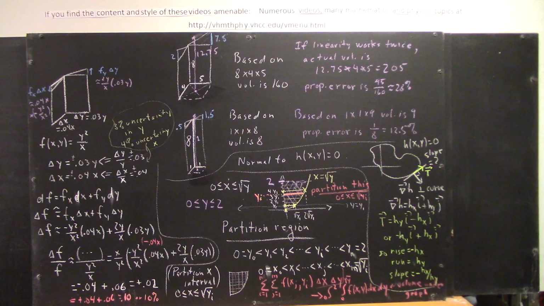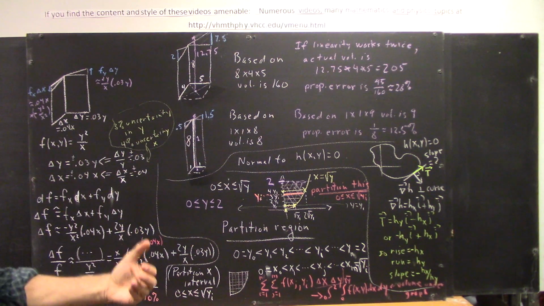Now if we trace where we got 10%, according to the rule that you might have gotten in the early part of your course, stated in the first chapter: y squared, you're going to double the uncertainty in y. X's first power, you're just going to use the uncertainty in x. And this is a division, so you're just going to add the uncertainties.